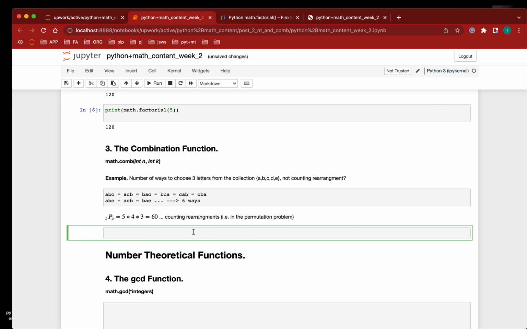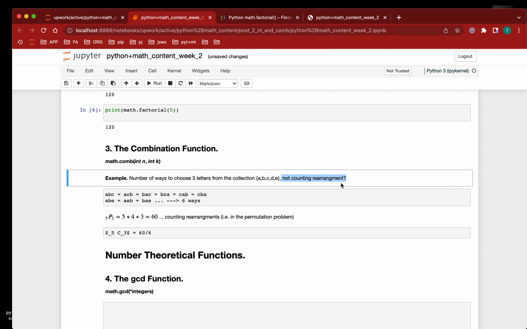What does this mean then? Well, the solution to our problem should be 60 divided by 6, because each of the possibilities in the combination problem, which is the problem with not counting rearrangements, corresponds to 6 possibilities in the permutation problem that we've seen before.